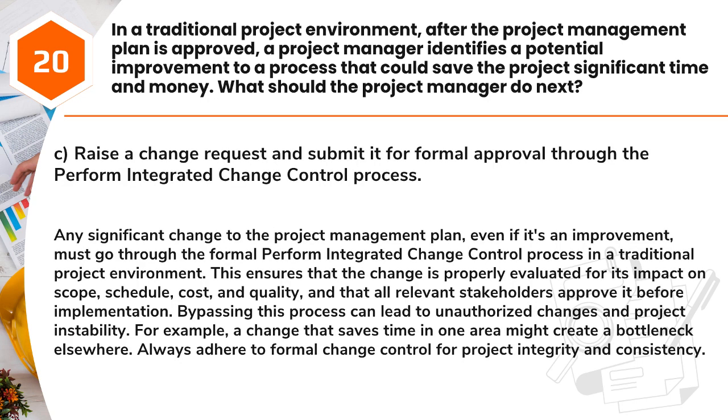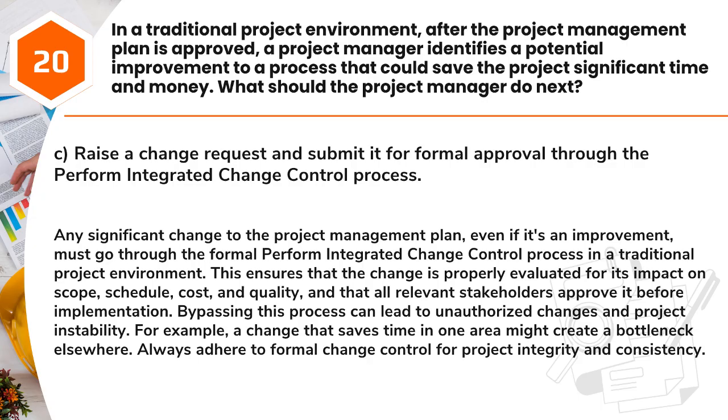Answer: C. Raise a change request and submit it for formal approval through the Perform Integrated Change Control process. Any significant change to the project management plan, even if it's an improvement, must go through the formal Perform Integrated Change Control process in a traditional project environment.